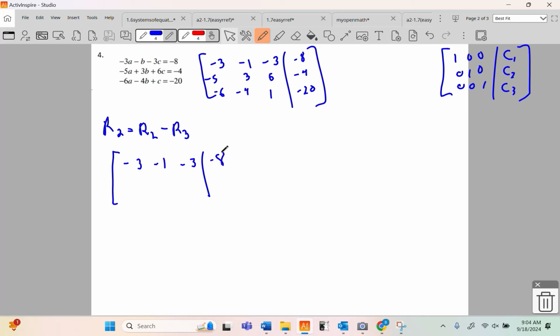I'm thinking a couple of moves ahead. -5 minus a -6 is a 1. 3 minus a -4 is a 7. 6 minus a 1 is a 5. -4 minus a -20 is a 16. And now what I'm going to do is a row swap. Row 1, row 2.